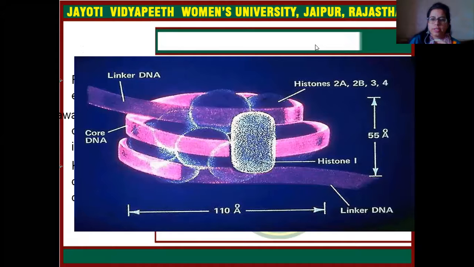Here you can see the wrap of core DNA, highlighted in pink, and these are the histone octamers, and this one is histone H1 protein, which binds to the linker DNA molecule. The diameter is basically 110 angstrom, and the height is basically 57 angstrom.